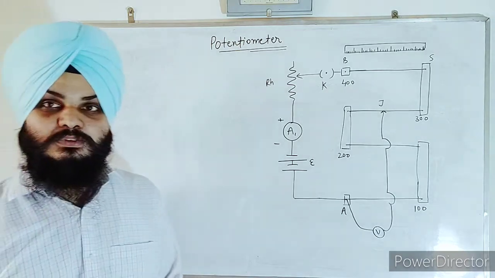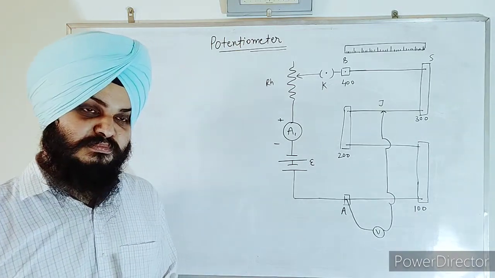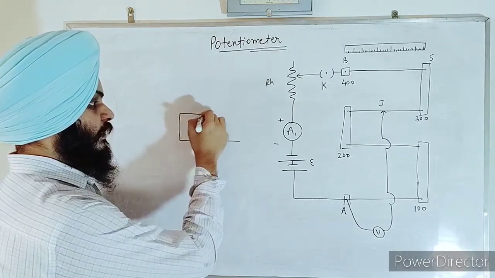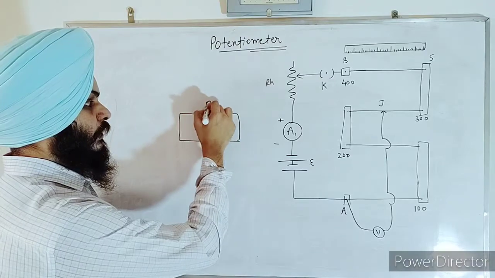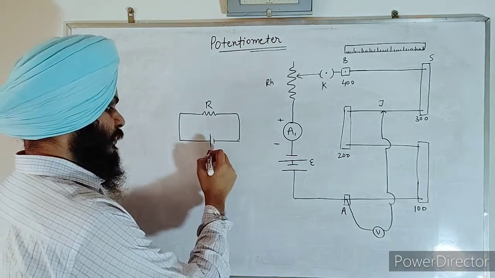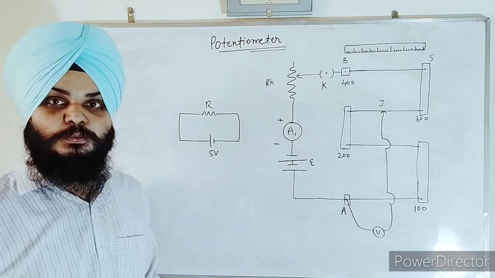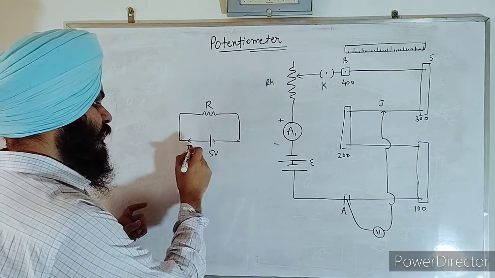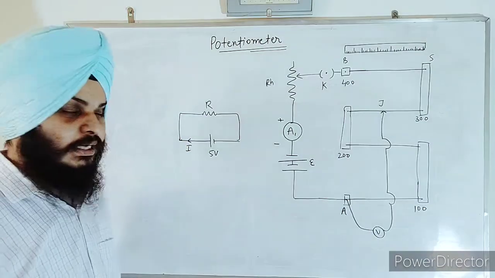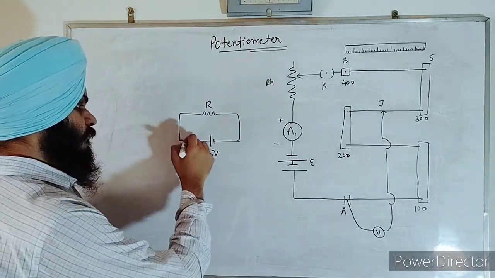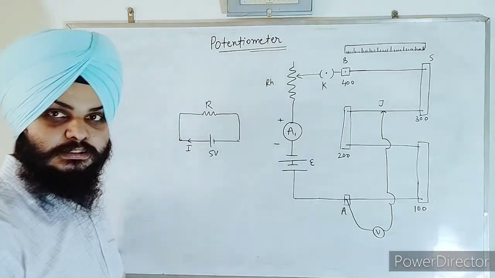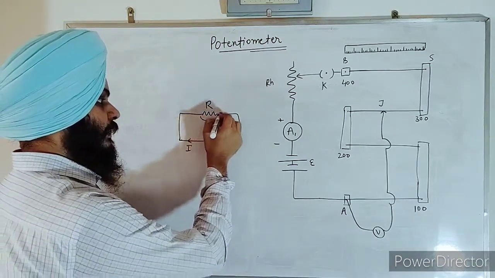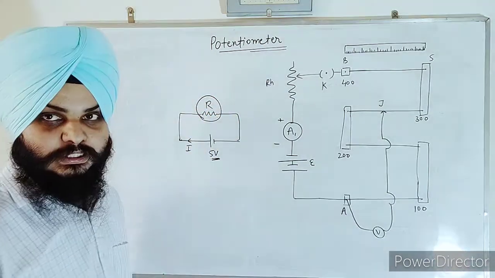This device works on a basic principle: whenever in a circuit we have a battery and connect some resistance across it, say we give it a 5 volt potential, this potential gives rise to some current through the resistance, and when the current passes through this resistance, the applied potential is somewhat decreased across it.